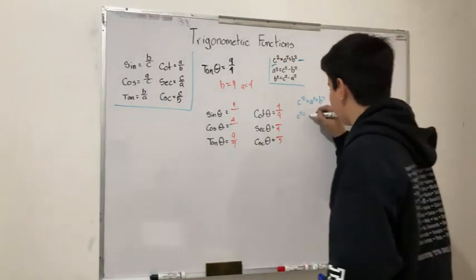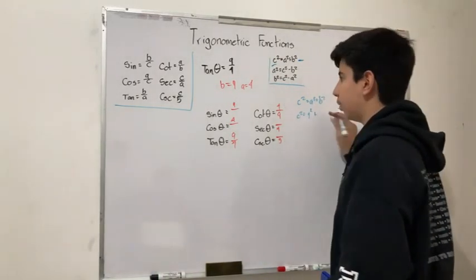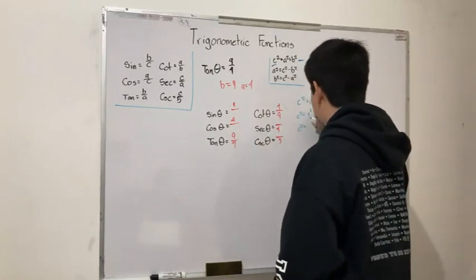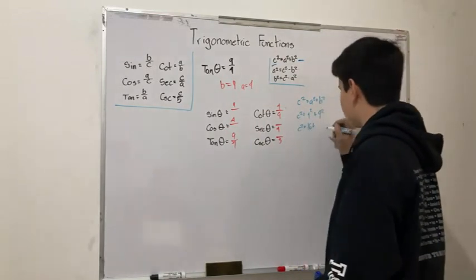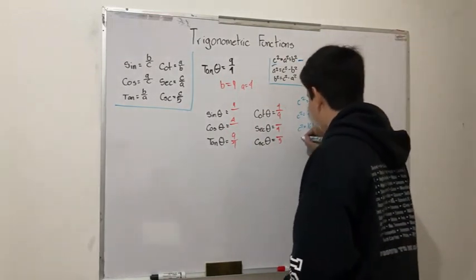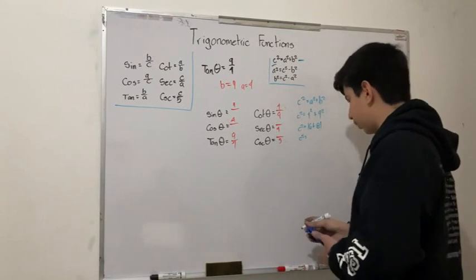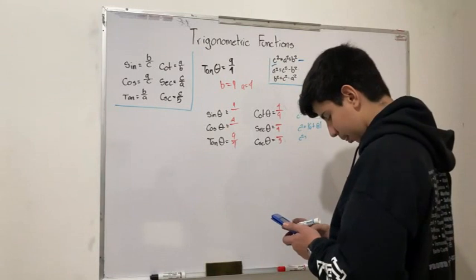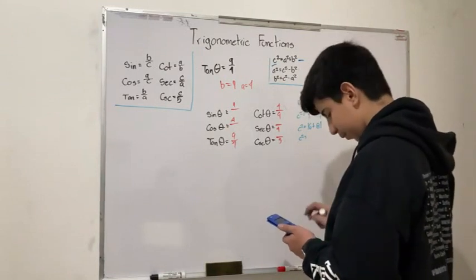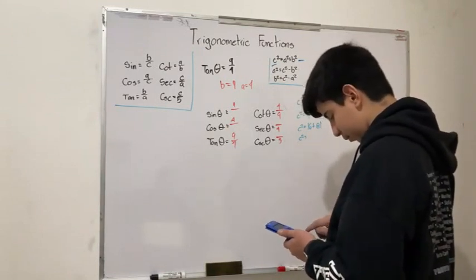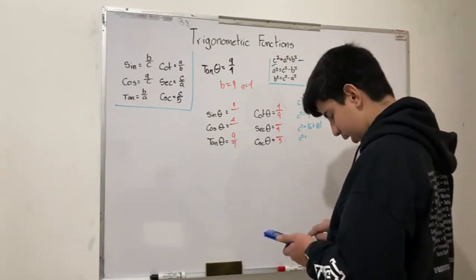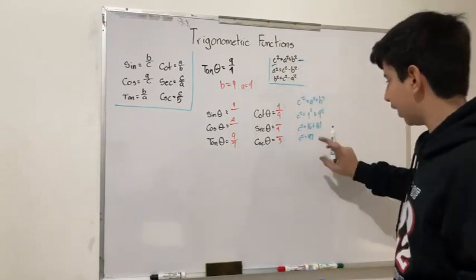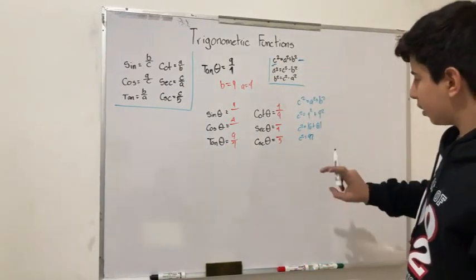We know a is 4, so it will be 4 squared, plus b, which we know is 9 squared. So 4 times 4 is 16, plus 9 times 9 is 81. c squared will be equal to 16 plus 81. 16 plus 81 is equal to 97.